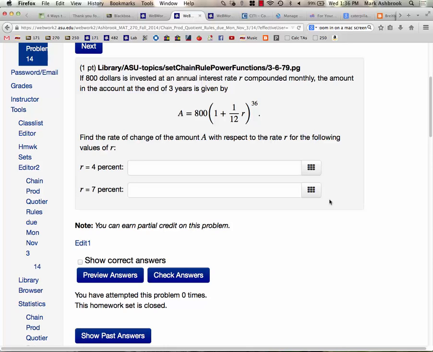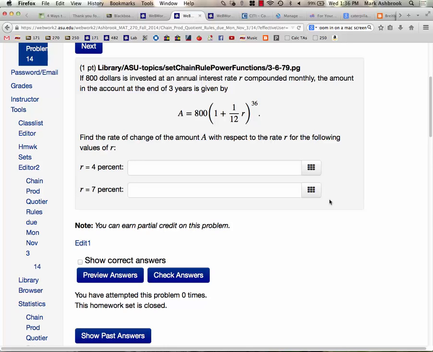But what? Yeah, 0.04. So you have to plug in the percent as a decimal. If you plug 4 in, it won't be right. But if you plug 0.04 in, you'll get the right value of the rate of change.